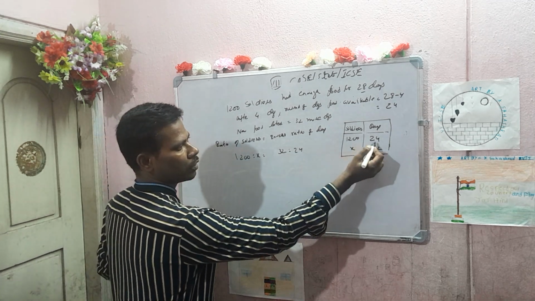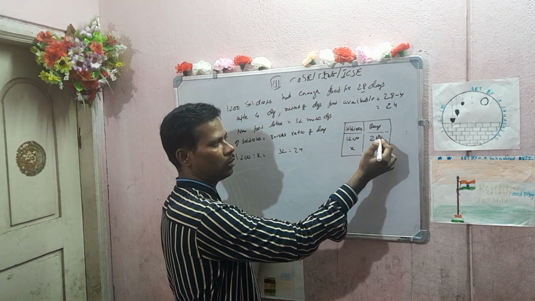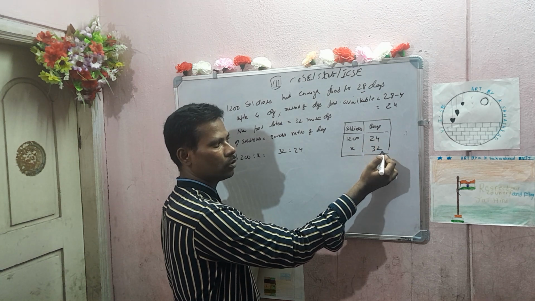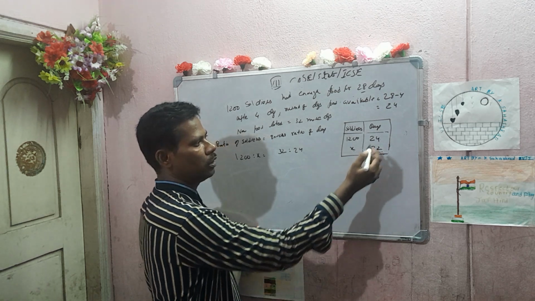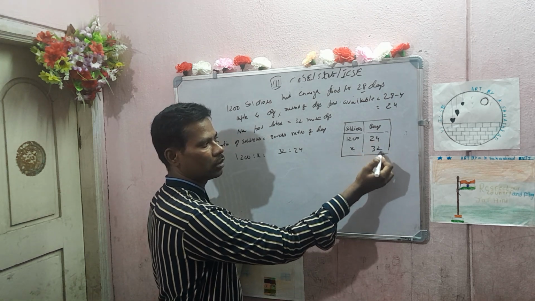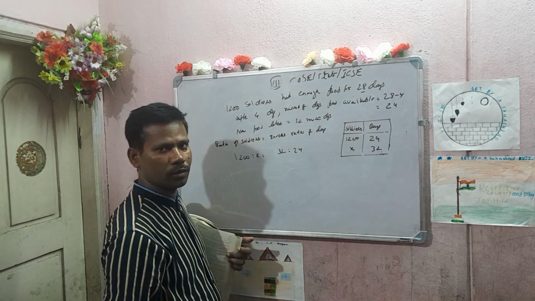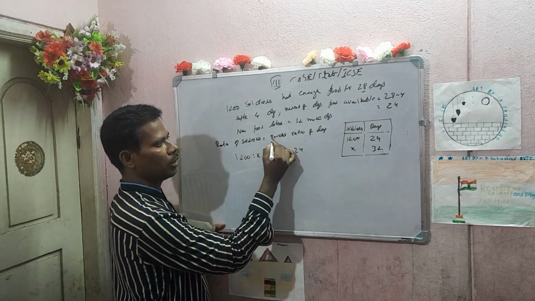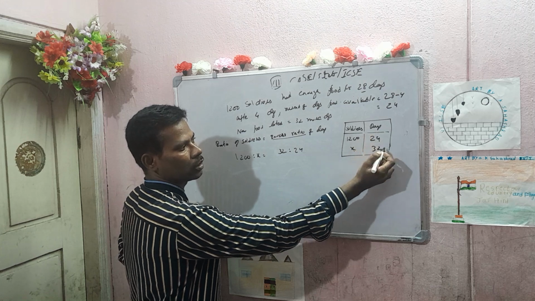Why do you have to take the inverse ratio? As the days have increased from 24 to 32, the number of soldiers will be less. That is the meaning of inverse ratio.